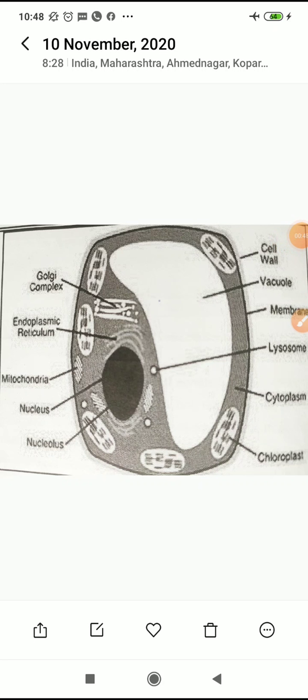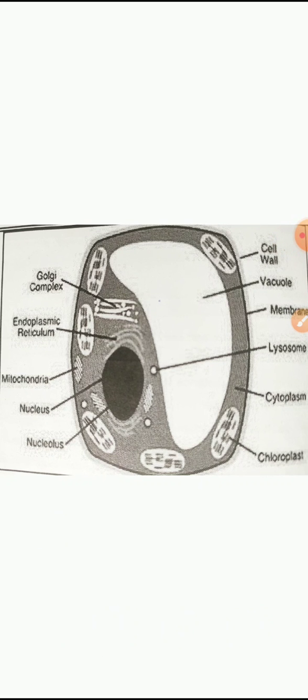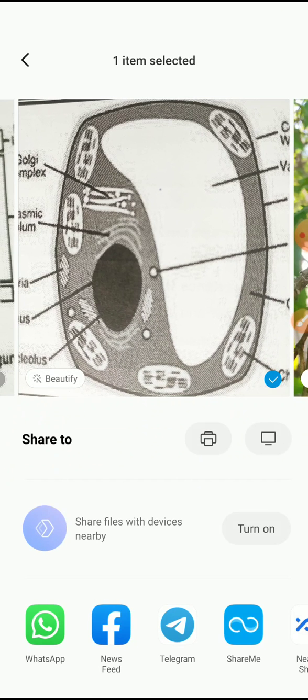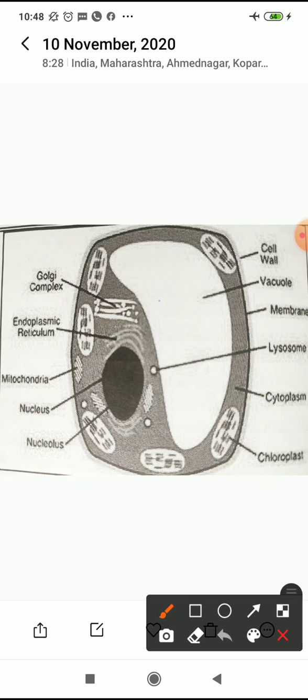Cell, plant cell particularly, we can see here the outermost layer is cell wall. This one, this is the outermost layer, and other cell organelles they are there in this figure.